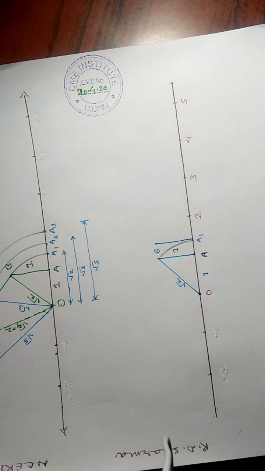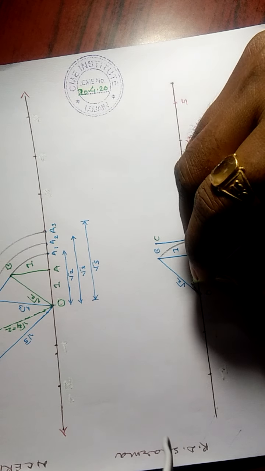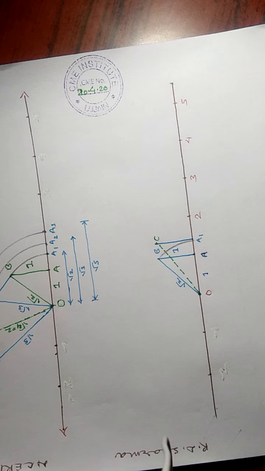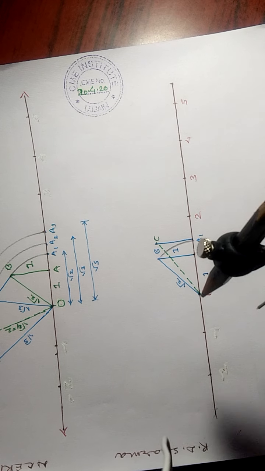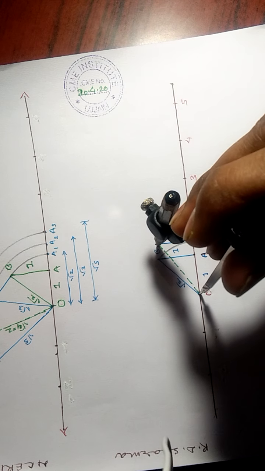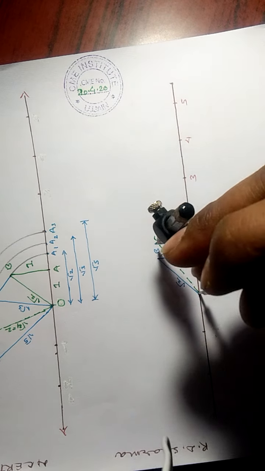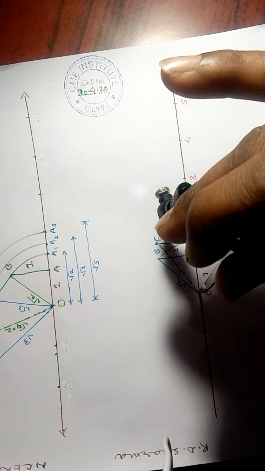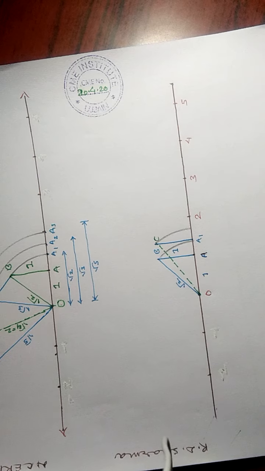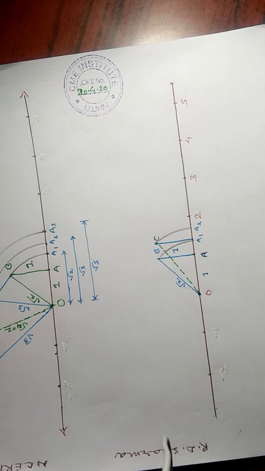Now join and consider it as a point C, and now join this OC. Now taking OC as a radius, draw another arc, let it intersect the number line at A2.